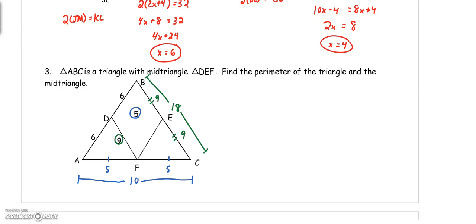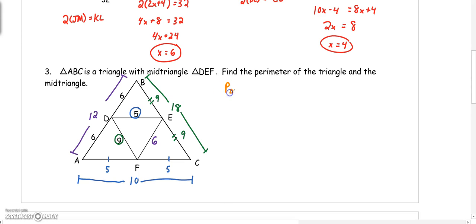Working backwards in the other one, they're giving us that each piece of AB is 6. So 6 plus 6 is 12 for my length of my base. Half of 12 gets me my other midsegment then, which is 6. So we need to find the perimeter. Perimeter is when we add our sides together.